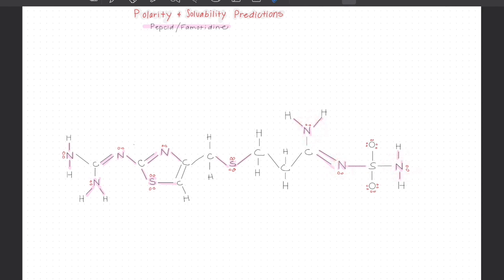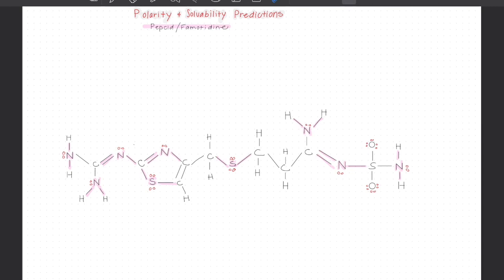And I've predicted that my molecule will be soluble in water due to the polar portions in the molecule. And since water is polar, like will dissolve like, and that's why I predicted it will be soluble in water.